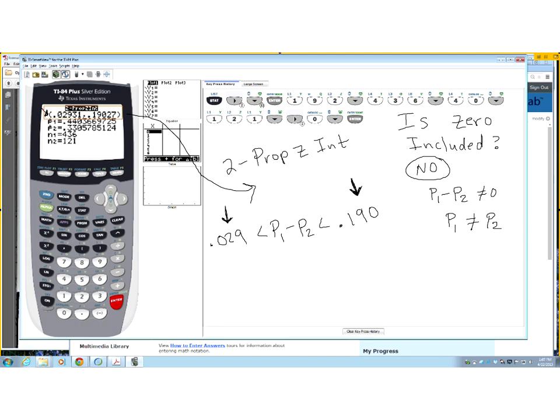From this sample, we're estimating that the population of workers and the population of senior level bosses differ in their attitudes towards monitoring employee email. The proportion for one is different than the proportion for the other.